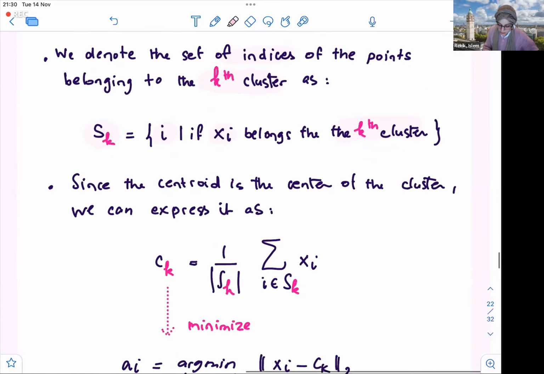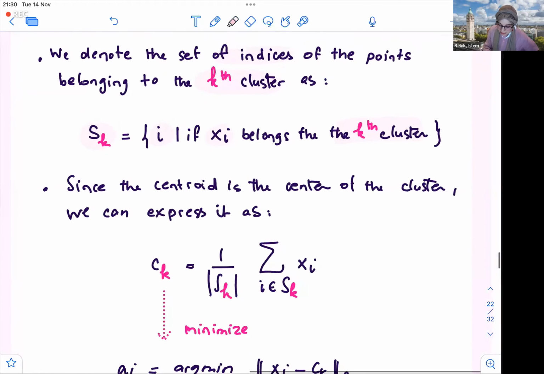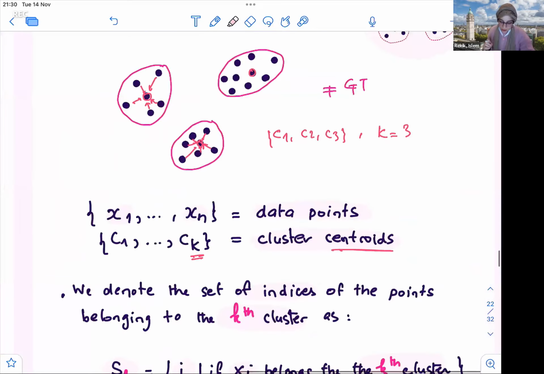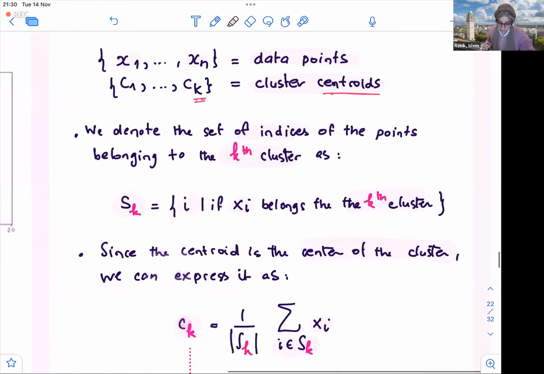Now the centroid is defined as the center of the cluster. And since it is defined as the center of the cluster, we can easily express the centroid of cluster K as an average, okay, over all points xi belonging to the cluster K. So it's the average, it's the center. As you can see, it's almost the center of these points.